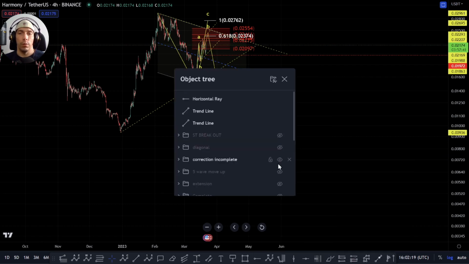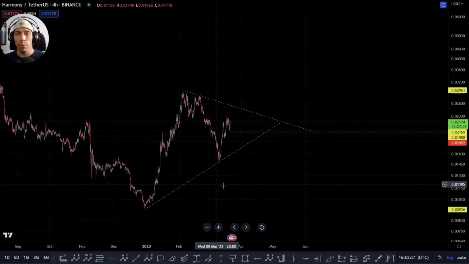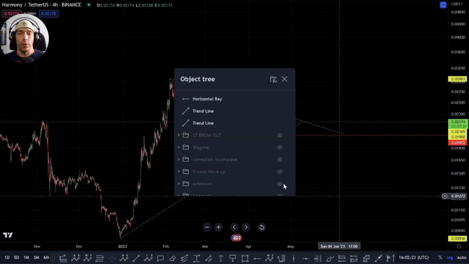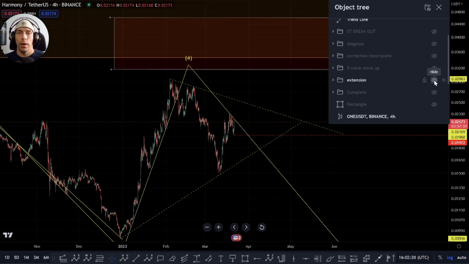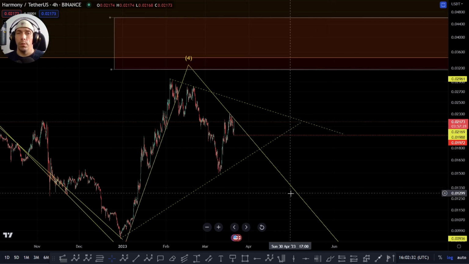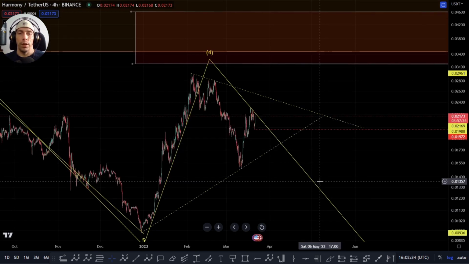The other thing that I want to talk about is looking at this move slightly differently, because we're talking about this potentially being a B wave. I'm going to go over some of the things quickly. We're talking about one option still being a possibility of this being a fourth wave.